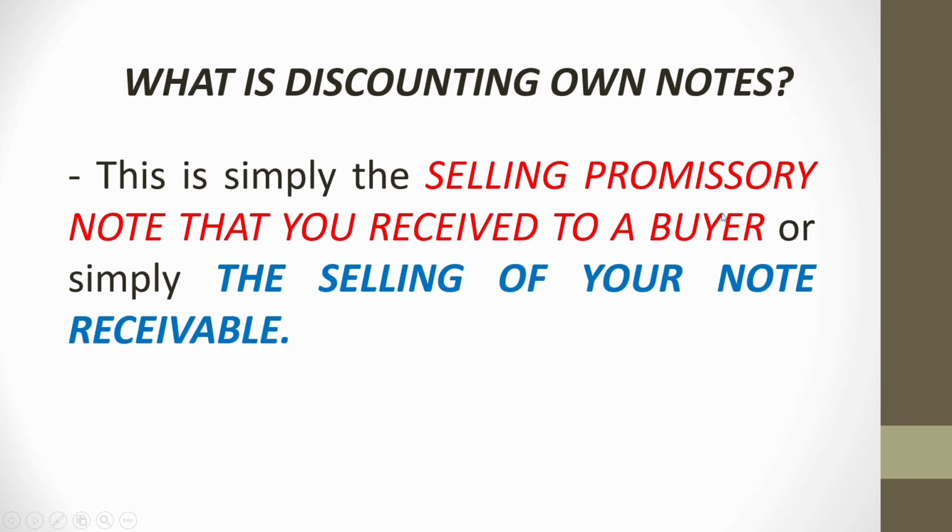The act of selling the promissory note is what we call discounting own notes. We are going to talk about that in depth in the next episode. If you want, you can study in advance about discounting own notes so that you can easily grasp and master the topic. So let's end this video to keep this short.